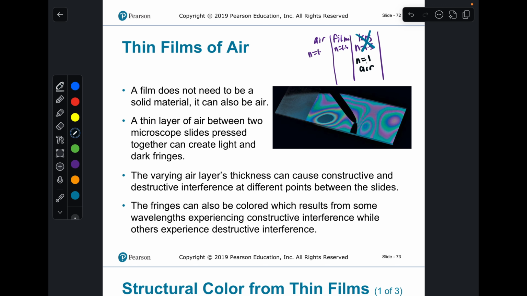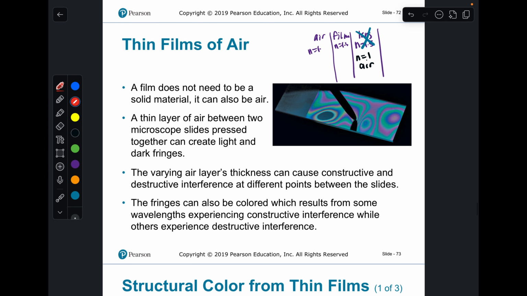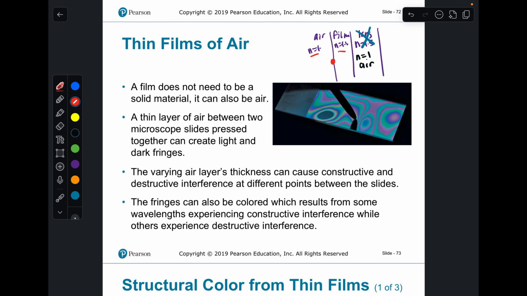Well, obviously that's going to change the phase inversions of the wave, right? You're going to get a phase change at this boundary because you're going from 1 to 1.3, but here you're going from 1.3 to 1, you won't get a phase change at this boundary. So whenever you're dealing with thin films in air, you will be dealing with the situation of one phase change.